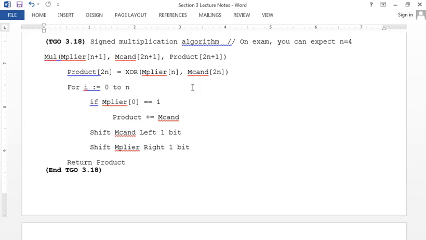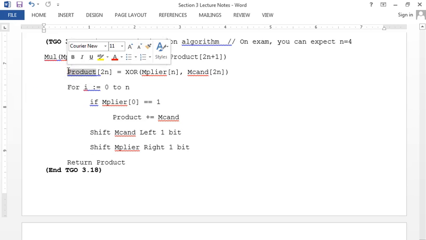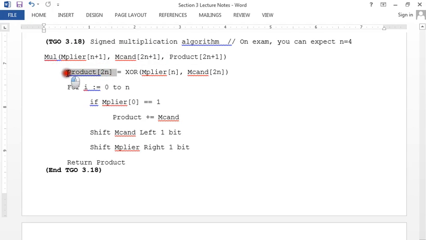So the most significant bit of your product, and what is the product? What's that? No, in any multiplication problem, that is the result, correct. I just want to make sure you understand the wording. So the most significant bit of my result, the first thing I do is XOR. The multiplier is n plus 1 bits, right? So if it's n, what does that mean? Most significant bit of the multiplier.